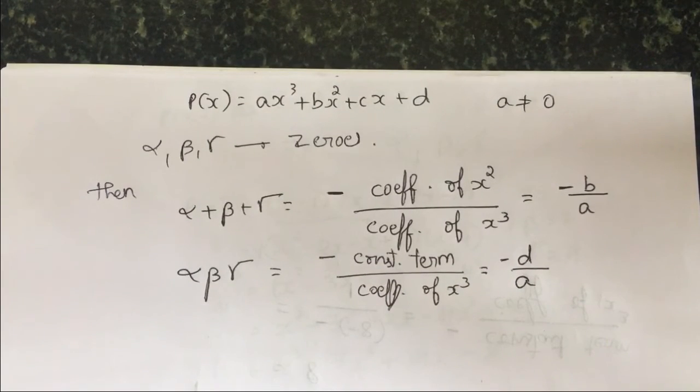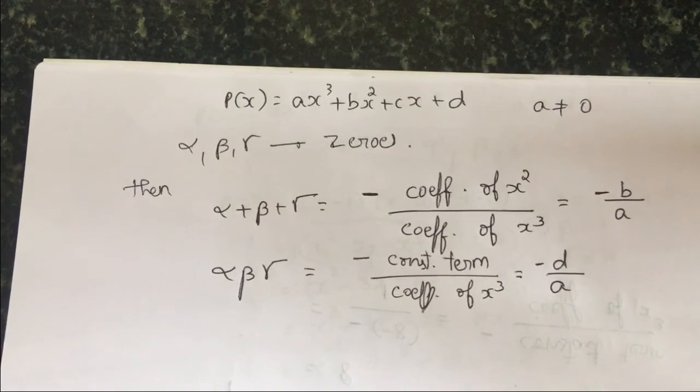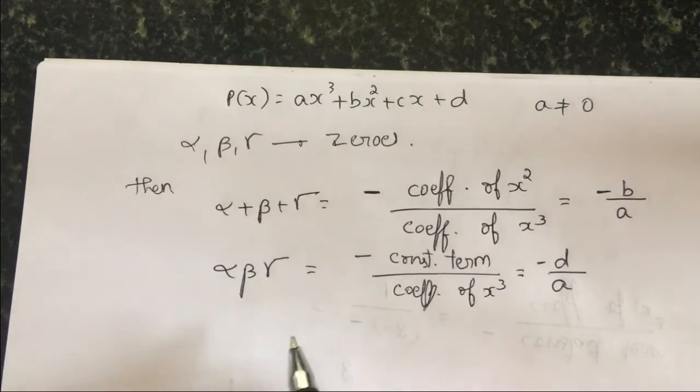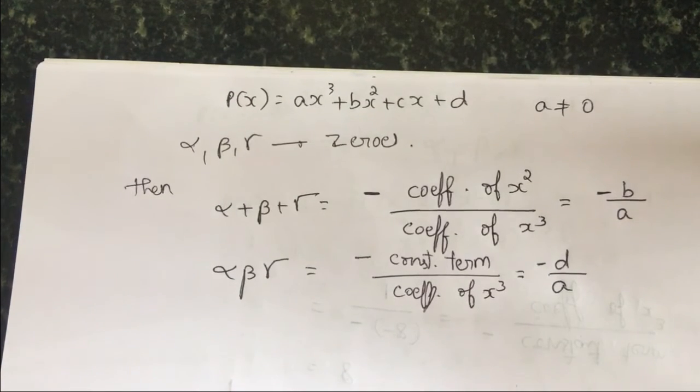Next is the sum of products of zeros taken two at a time, which means I am taking two zeros at a time, not all the zeros, taking a product, and then I'll add up.